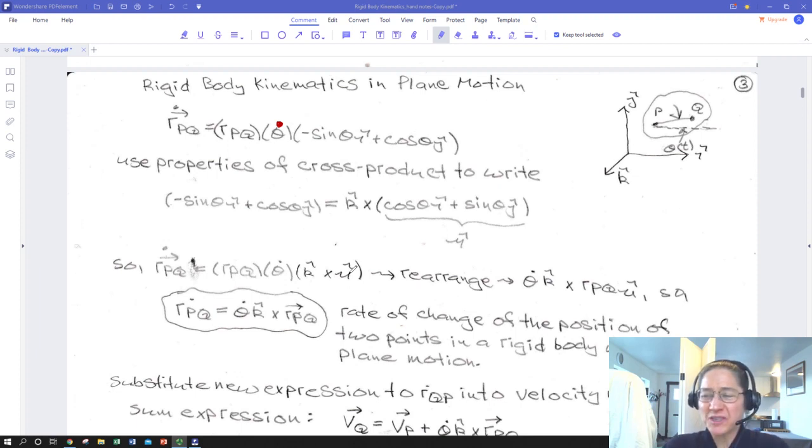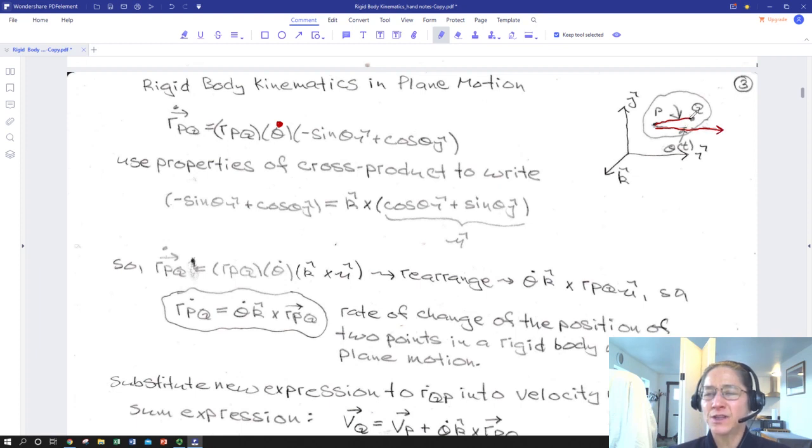Now let's swap positions here. Let's put the angular velocity next to the k, which by the way is the direction it's pointed in. If you think about it, let's look over here. We've got P and Q, and here's a little extension parallel to our i hat direction.